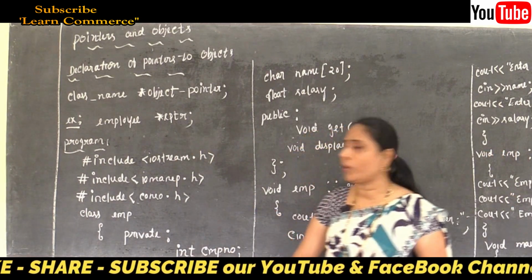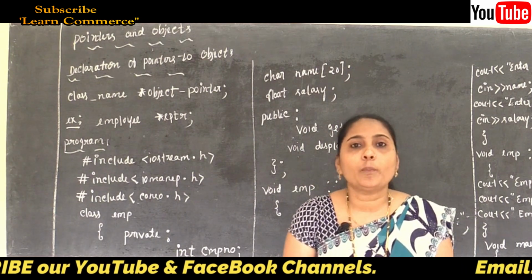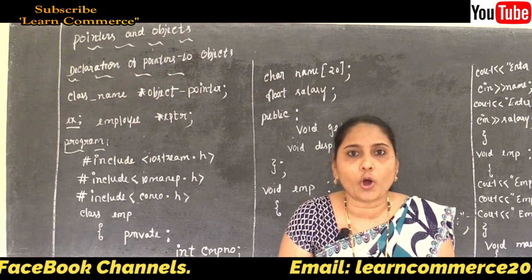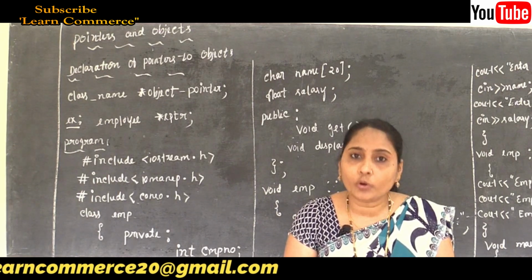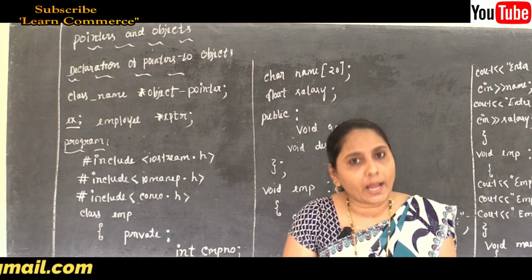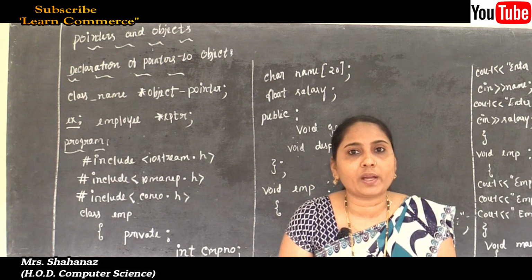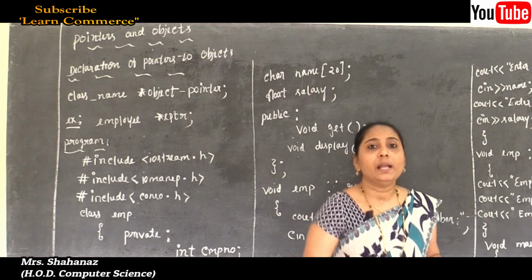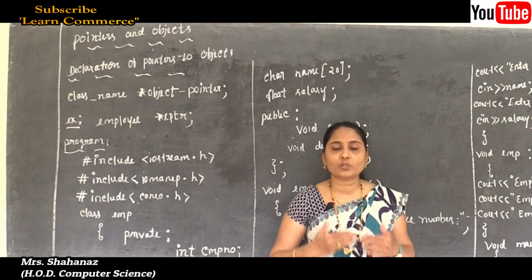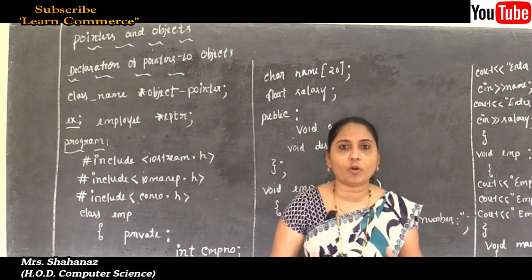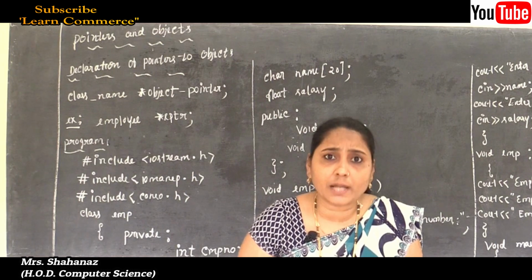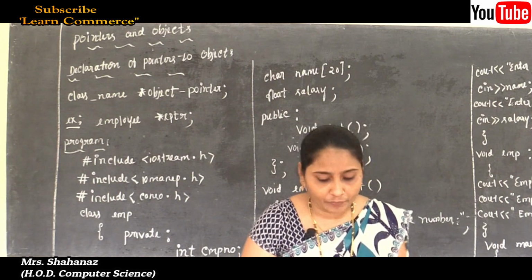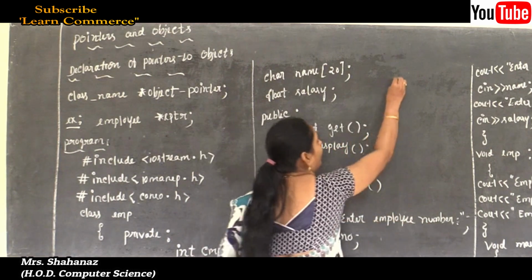One more important note in pointer to an object or object pointer. The note is about when you access a member of a class. Whatever output is displayed depends on accessing a member of a class. Every time we use the dot operator, correct?